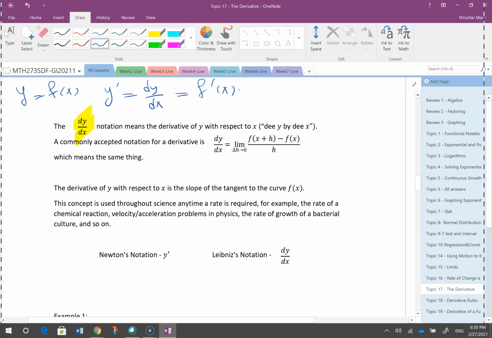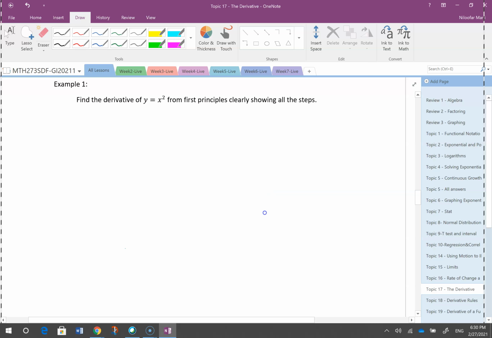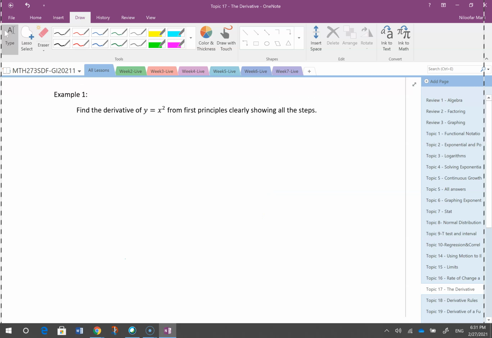We use any of those as the derivative. It doesn't matter, I use y prime. So let's do it on this example.